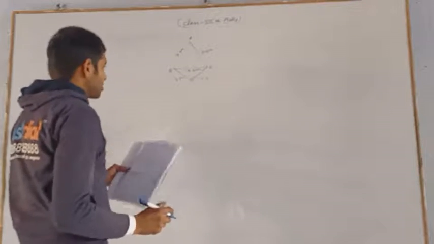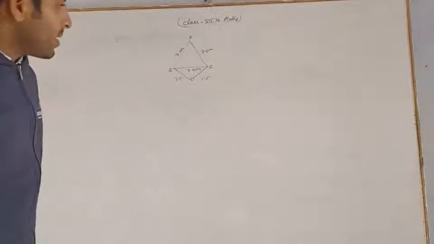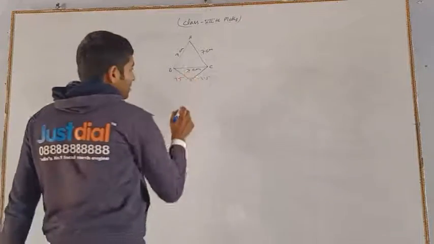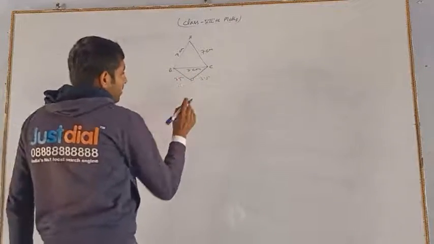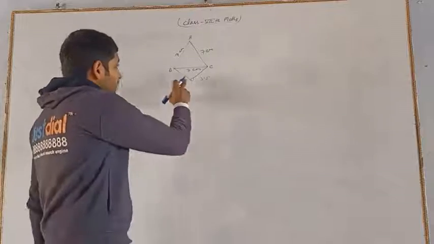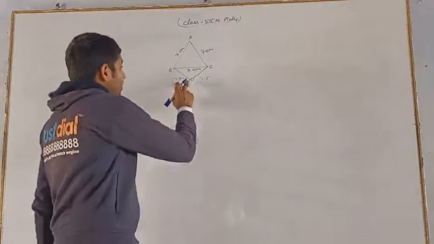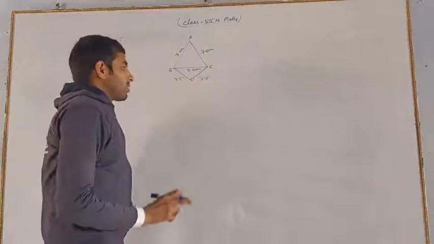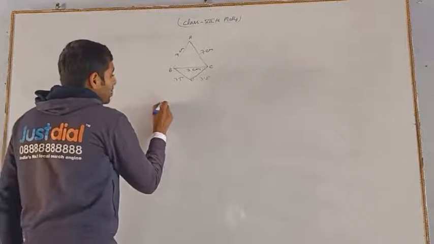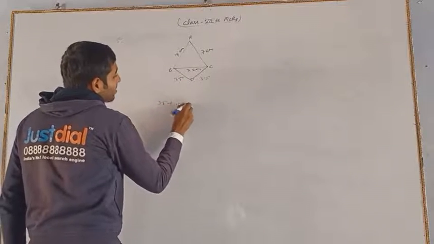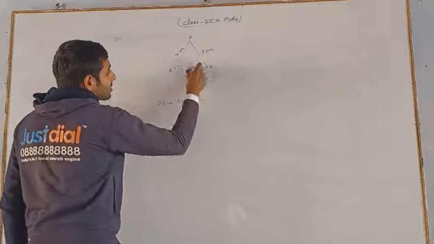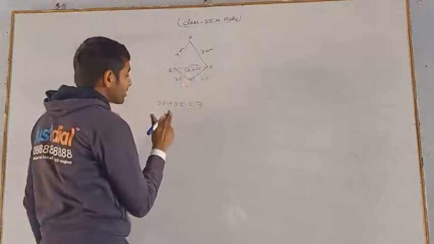Give reasons. It is not possible because the sum of two sides must be greater than the third side. Here 3.5 plus 3.5 is equal to 7, and this side is also 7 cm.